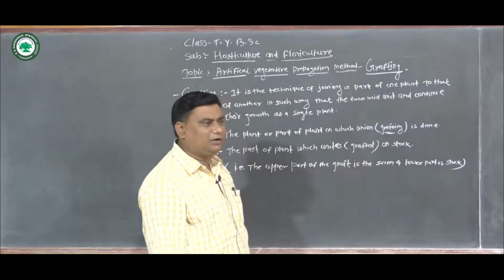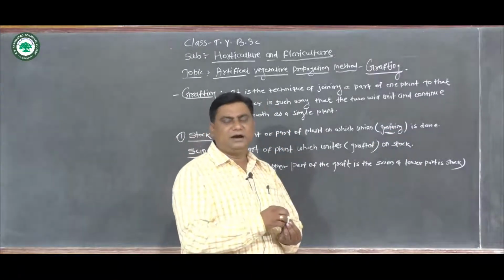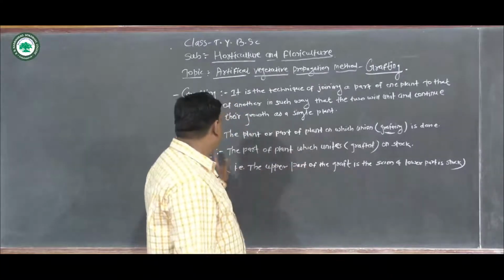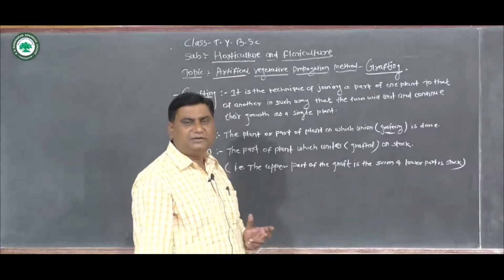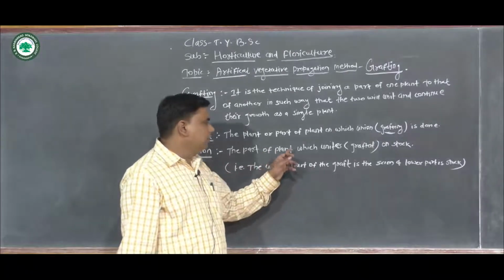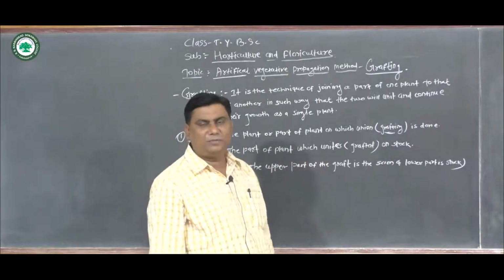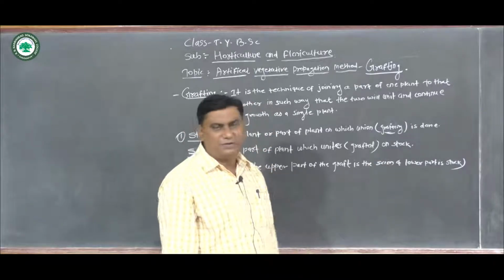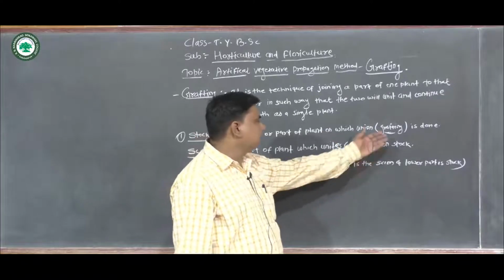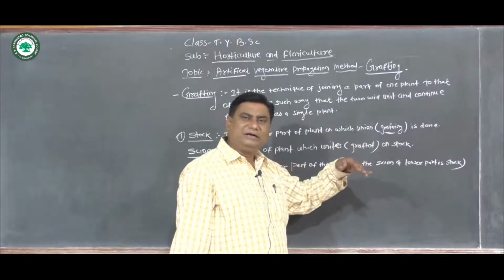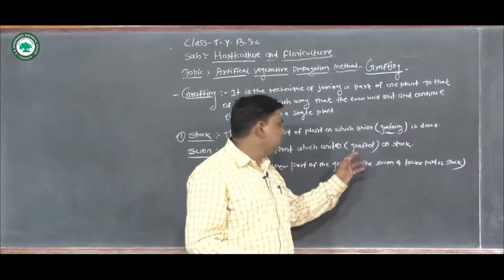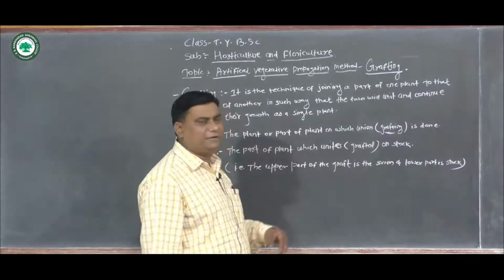Union is done means where the grafting is done, and that is called the stalk. Then the second thing is the scion: the part of plant which unites on the stalk, or is grafted on the stalk, is called the scion.